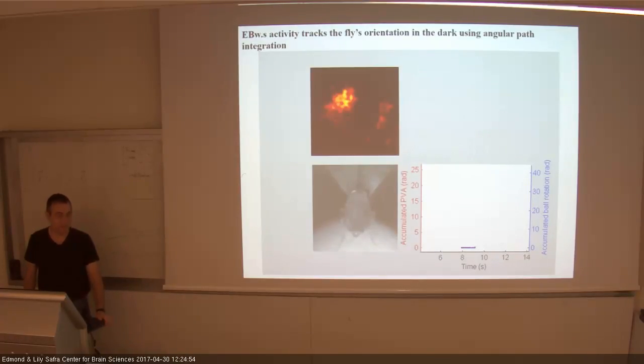One reason is, first, if a fly flies in the dark, you may want to know the direction in which it flies. Is it memory? No, it's not memory. It integrates all the information that it has.